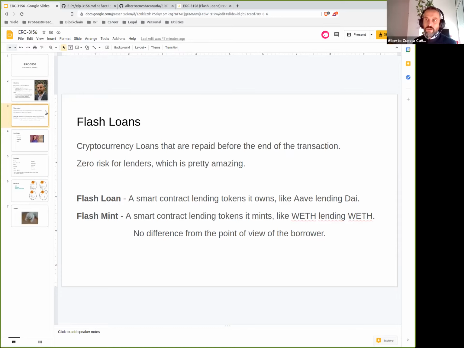And that introduces a lot of friction in lending. In flash loans, since it's all within an Ethereum transaction, there is no risk. If the borrower fails to repay the money within that transaction, the loan never happened. The computation doesn't get included in the block, so it's actually zero risk for the lender.